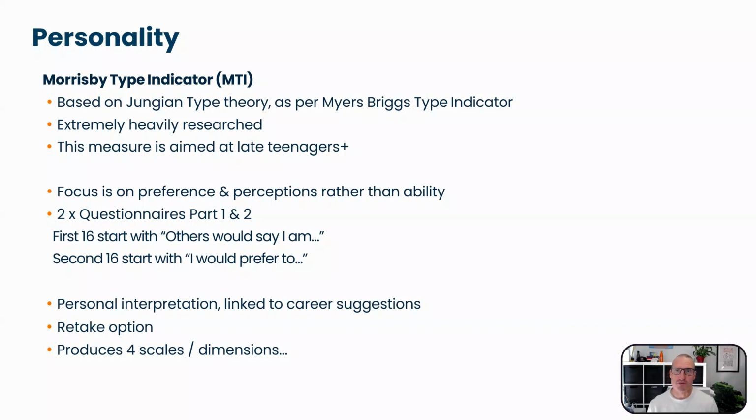The personal interpretation of these results is linked to the career suggestions, and over time, an individual can retake these as their circumstances change. The results are produced and then illustrated on 4 scales, and let's look at what they are in a little bit more depth.